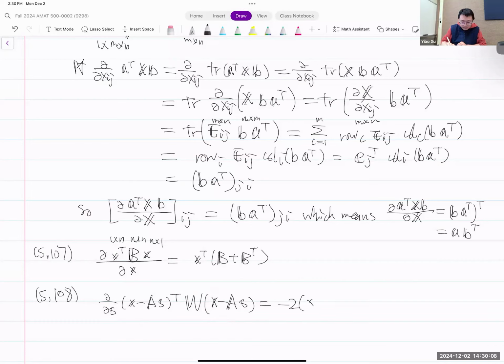So the result is x minus AS transpose WA. Okay, so W here is symmetric. So if you have a symmetric W, then the gradient is something like this, kind of quadratic.